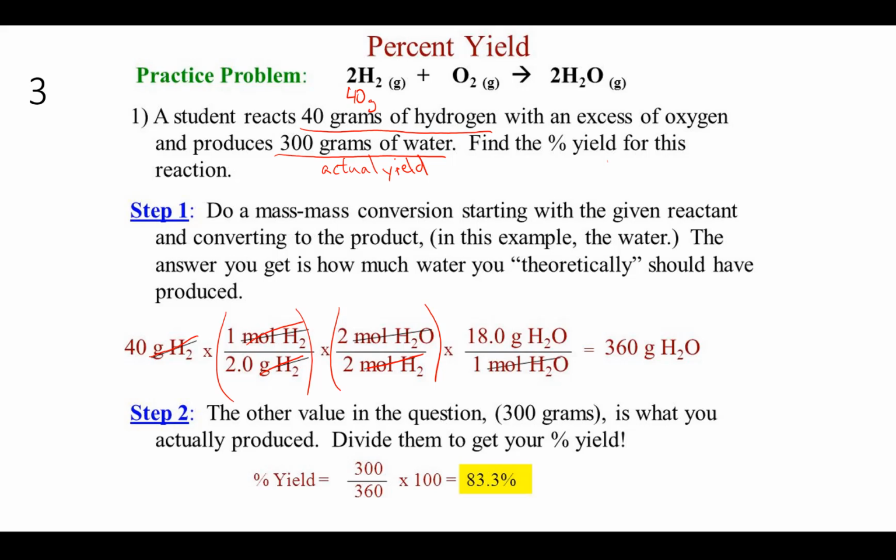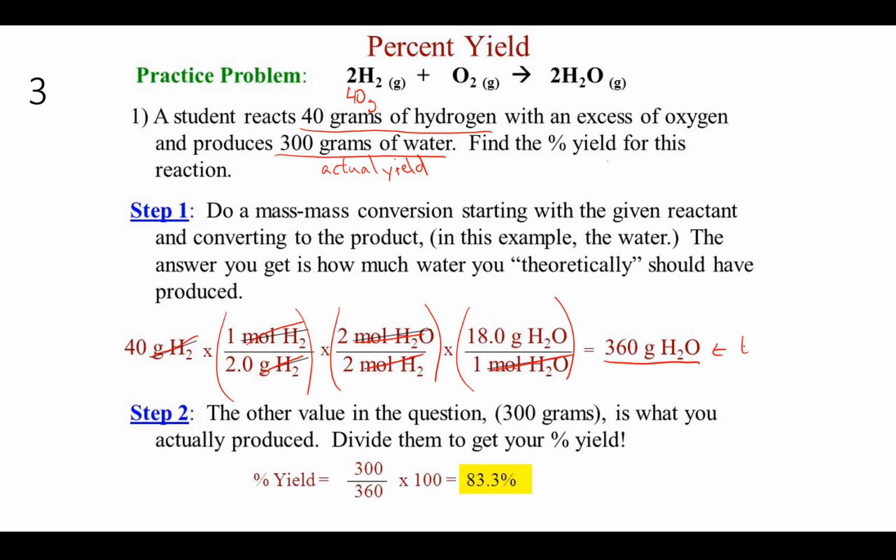We need to get grams of H2O, so we multiply by the molar mass of H2O. Look that up on a periodic table and it ends up being 18 grams per mole. Units cancel, we multiply out. 40 times 2 times 18 divided by 2 gives us 360 grams H2O.